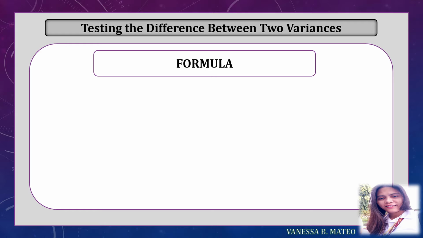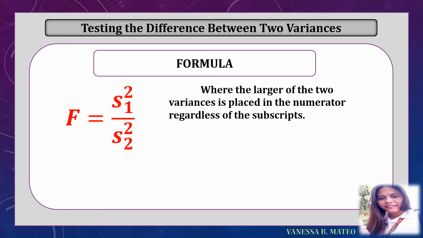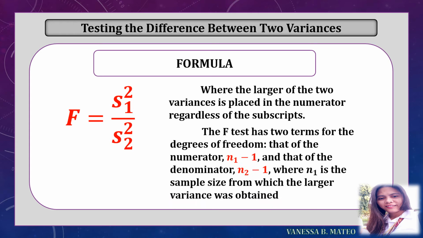The formula for F values is given by the sample variance 1 over the sample variance 2, where the larger of the two variances is placed in the numerator regardless of the subscripts. The F-test has two terms for degrees of freedom, that of the numerator, n sub 1 minus 1, and that of the denominator, n sub 2 minus 1, where n sub 1 is the sample size from which the larger variance was obtained.